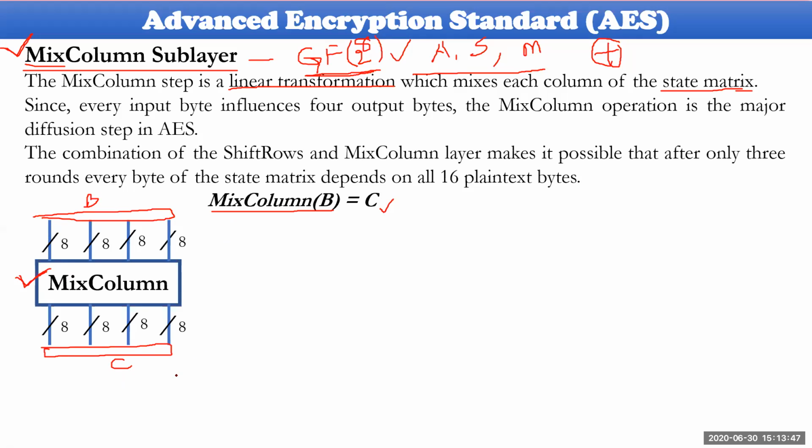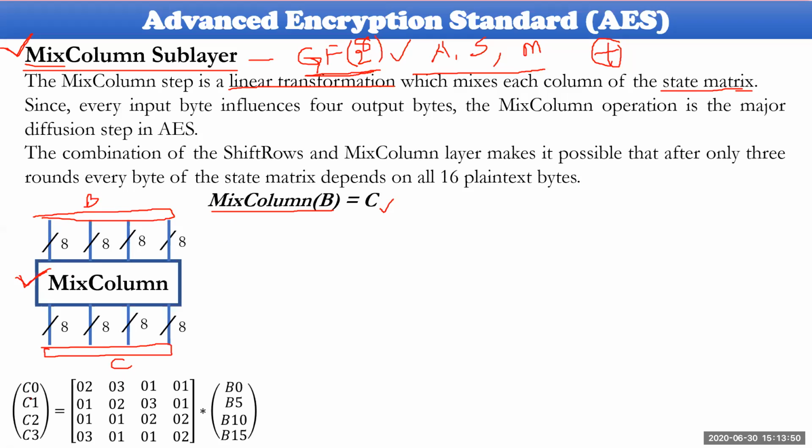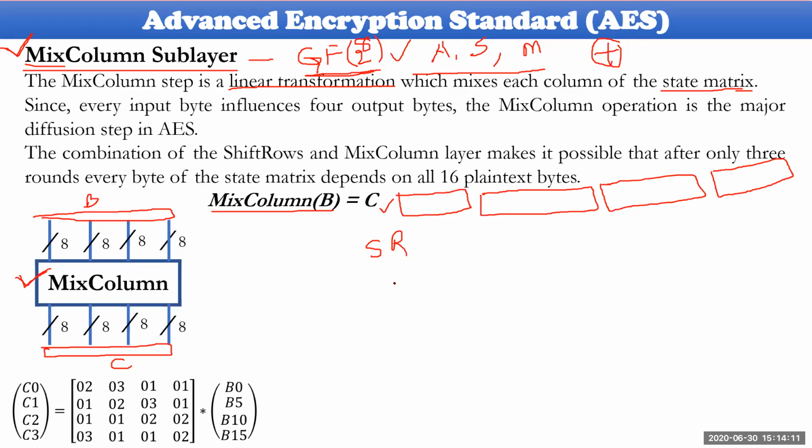What is the point you need to consider here? You need to consider C0, C1, C2, C3. Already we have seen the first 4 bytes, the second 4 bytes, and the third 4 bytes, taken like this in AES when encryption starts. After shift rows and after mixing, confusion and diffusion happen here.